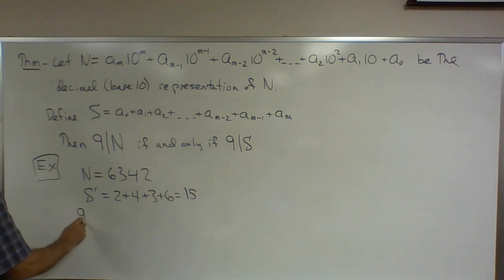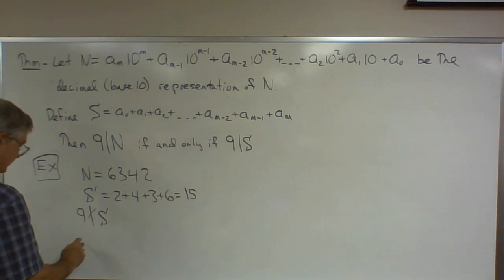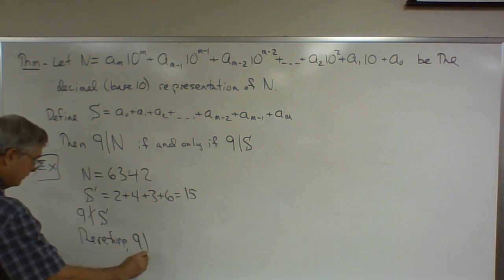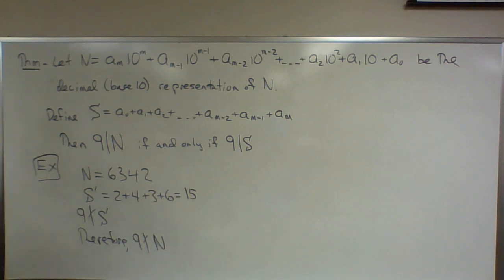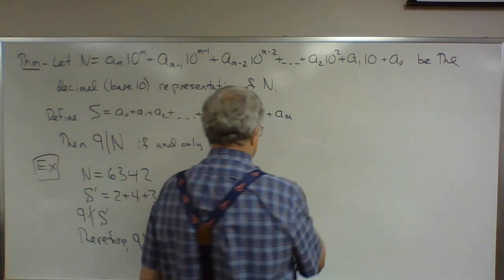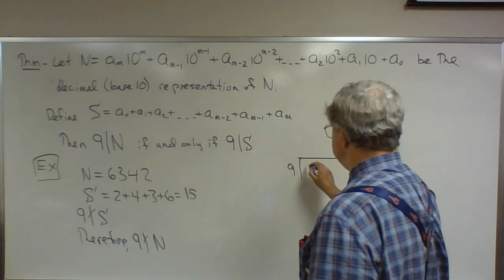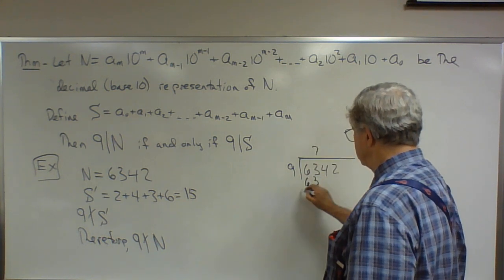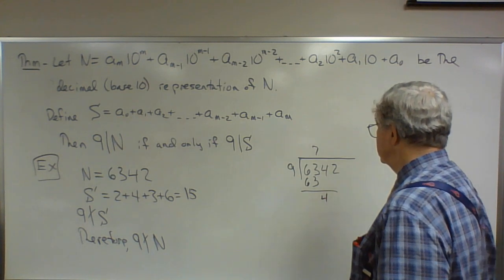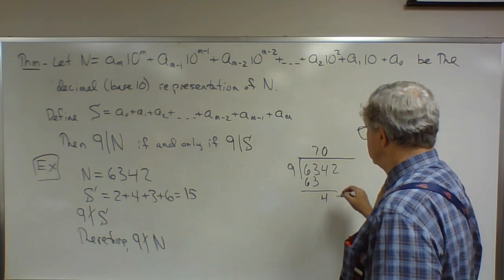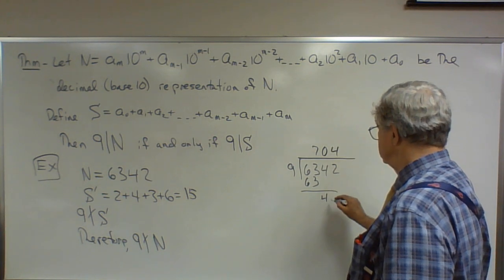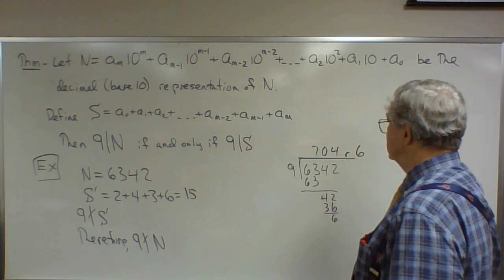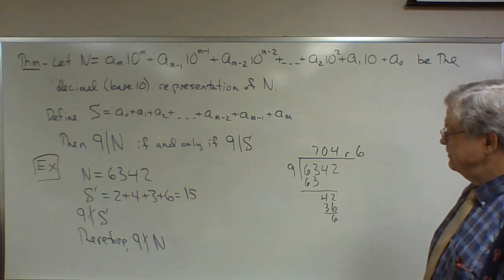Oops, 9 does not divide S. Therefore, 9 does not divide N. And if we do this out, I think we can verify this quickly. Okay, yep, 9 does not divide N.